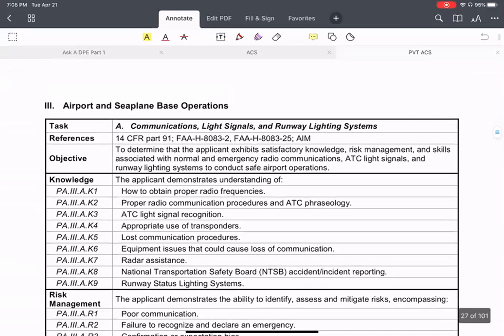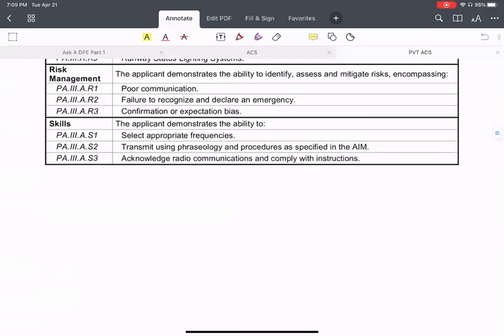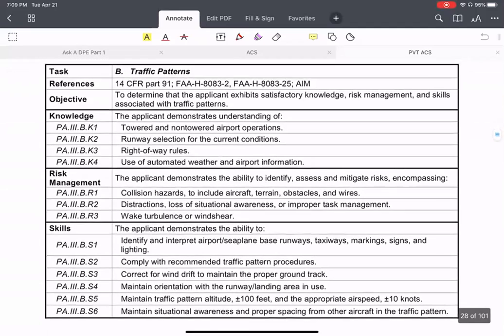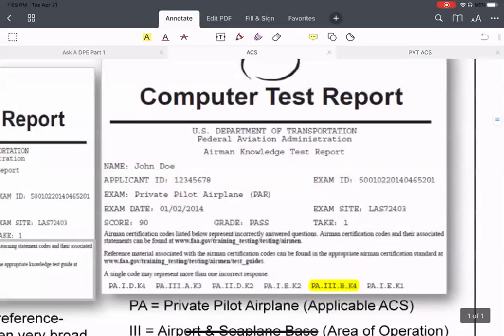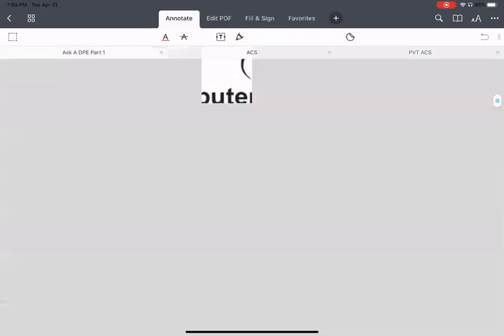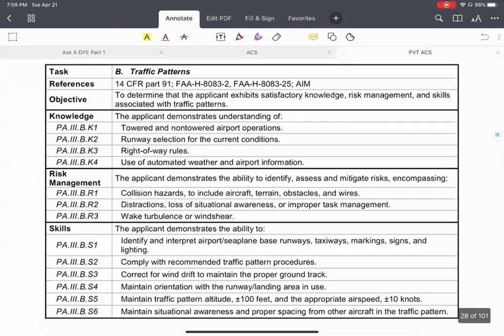All right, so there is 3B, and I think it was K4. I'm going to have to go back and look. BK4. So that was use of automated weather and airport information.